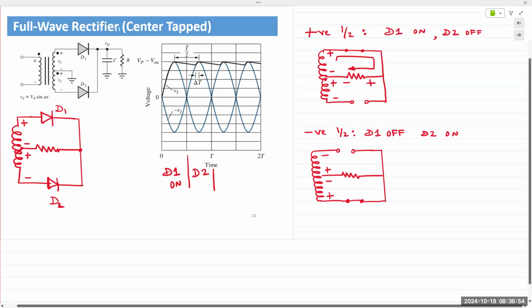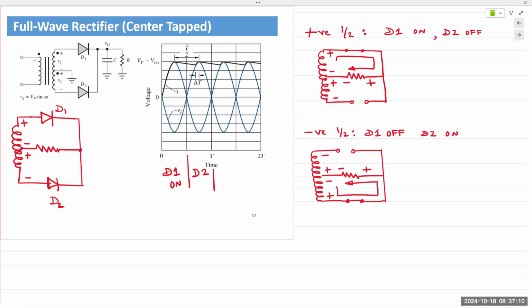Plus minus, and the current is now flowing in this direction. Let's take a pause, write it down, think over it, and prepare your questions.